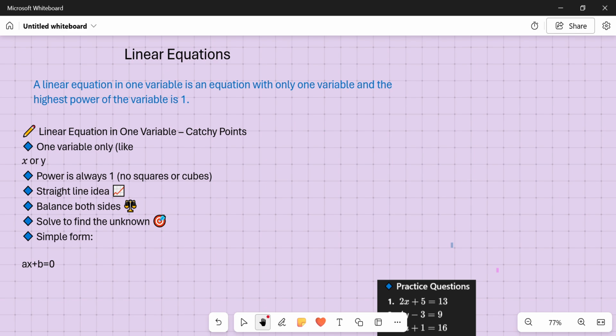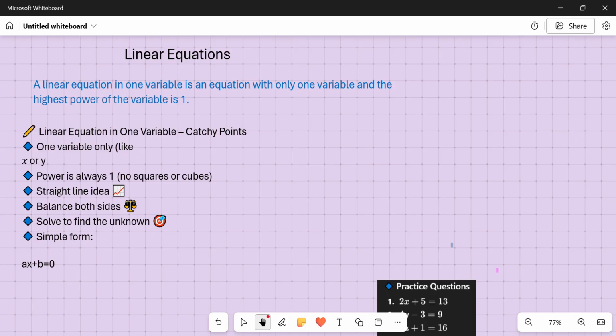We consider a linear equation as a straight line on a graph, because linear means straight line, and with this linear equation we will find the value of the unknown variable. We will solve the question with the help of LHS and RHS; LHS and RHS must both be the same.